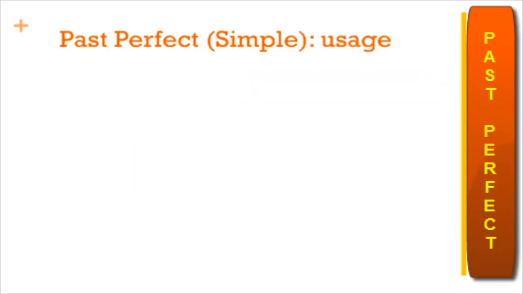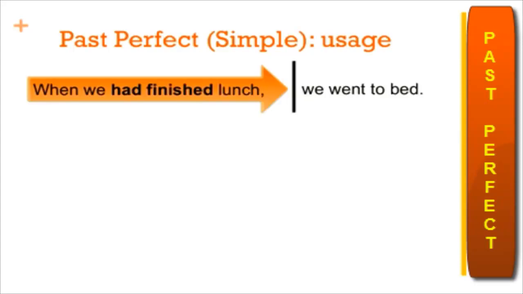All right, so much for the formation, and now let's talk about the usage of the past perfect simple. Usage is when do you actually use this tense. Now here is your sentence. When we had finished lunch, we went to bed. Had finished is your simple past perfect here. Now why do we have the simple past perfect?